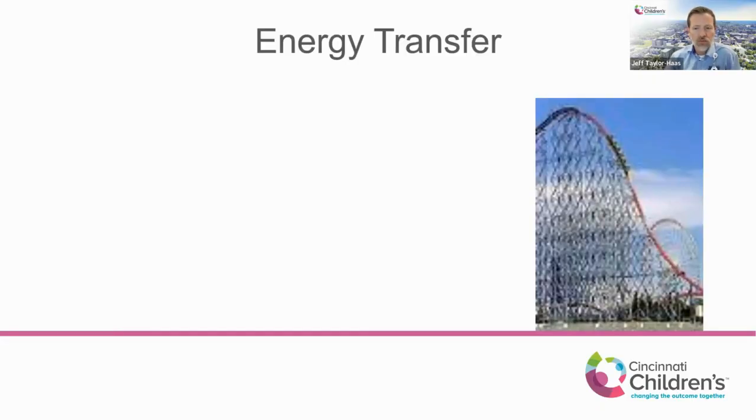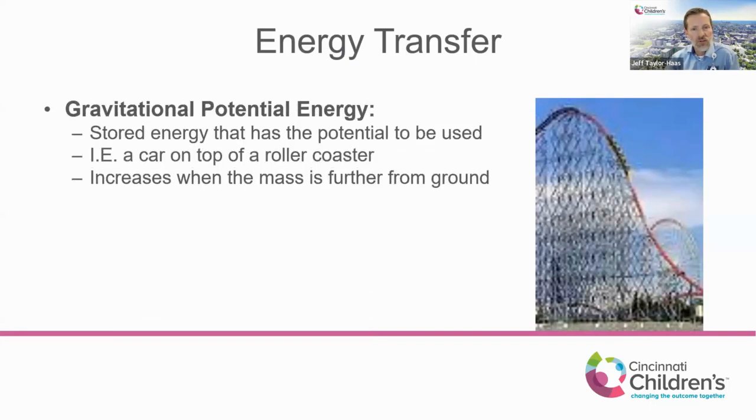So what's happening during running is the transfer of energy as we transfer from gravitational potential energy to kinetic energy. So when we hit the ground and our center of mass is rather high, we have potential energy that can be used. So it's like the car at the top of a roller coaster. And as that mass is further from the ground, the potential energy would be higher.